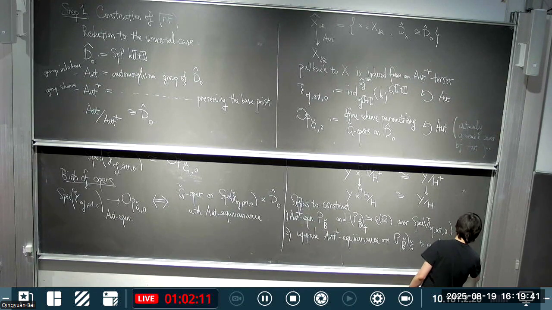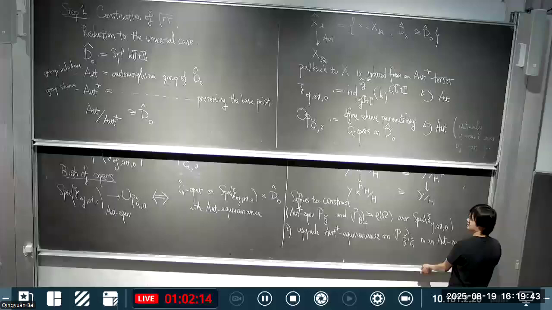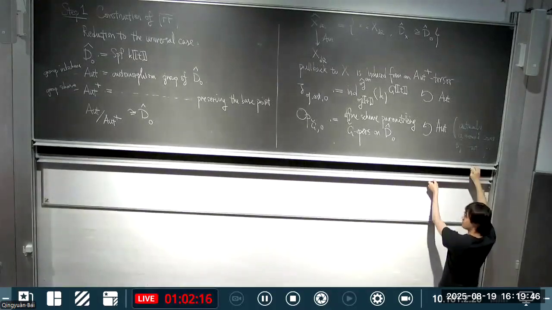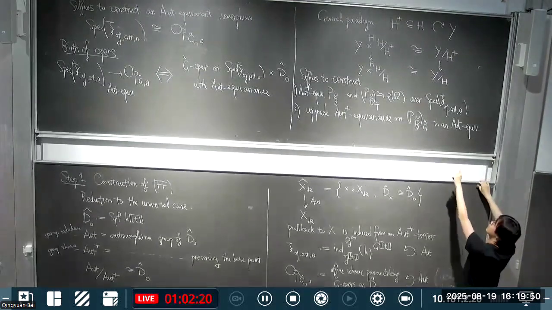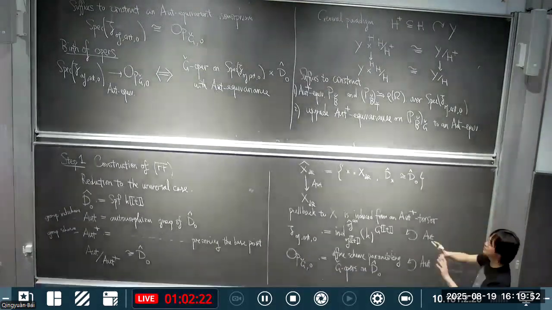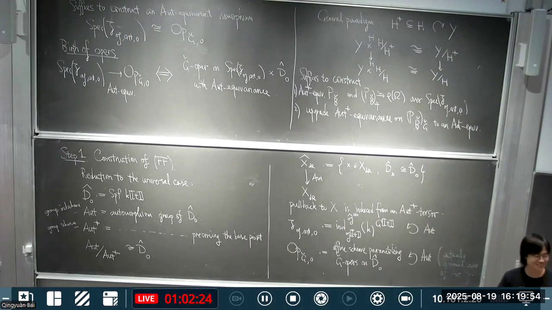So you see, interestingly, constructing an Alt equivariance structure on this product is in fact easier than constructing one without Alt equivariance. So it allows you to construct something just on the first component.